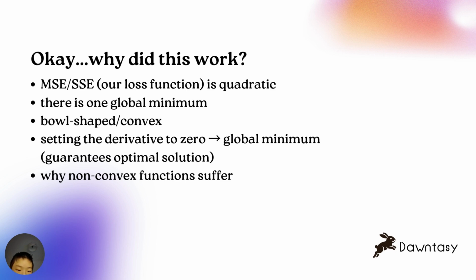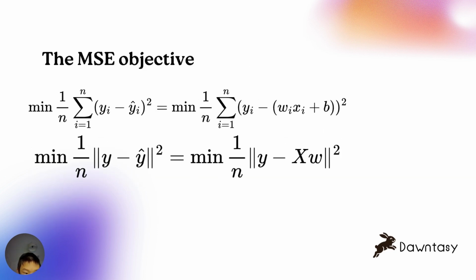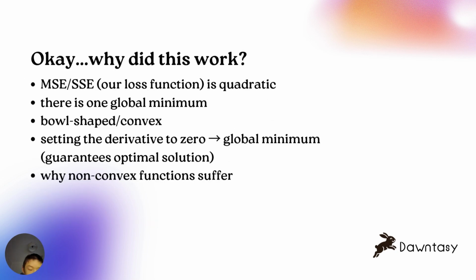But first, let's think about why this worked. Well, MSE and sum of squared errors, which is our loss function, is fundamentally quadratic, right? As you can see, going back here, we get the square. Because it's quadratic, it's bowl-shaped.